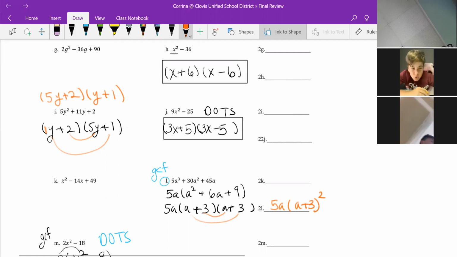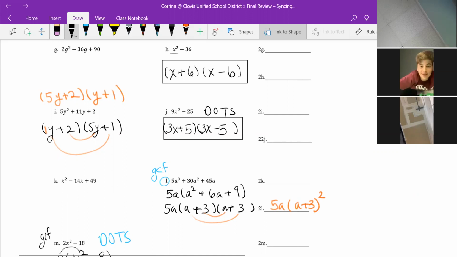Wait, why didn't I do the top one? I don't know. I'm confused. Isn't it just the same thing in a different order? Yeah, so how do we know which one's right? That's the question.